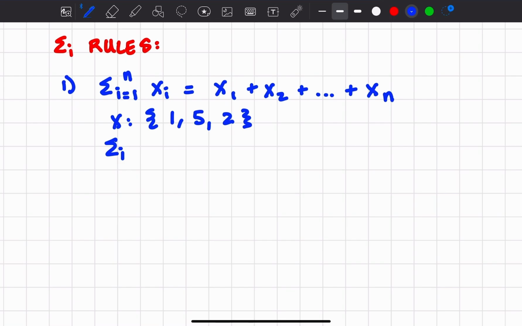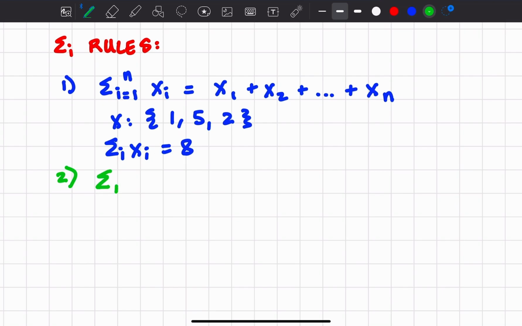It's always 1 to n. Then sum i of xi will be 1 plus 5 plus 2, which is 8, right? Easy peasy.